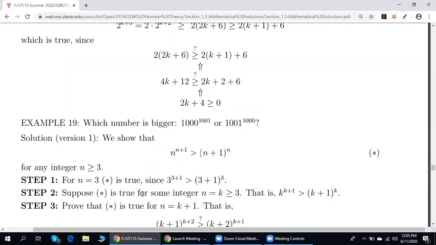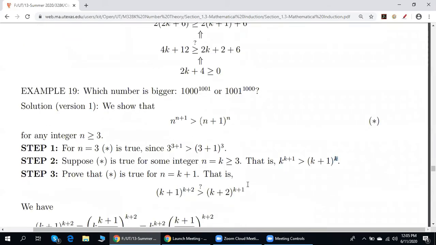Step 2, suppose this is true for some integer n equal to k, where k is greater or equal to 3, because here we have 3. That is, suppose that k to the k plus 1 is greater than k plus 1 to the kth power.